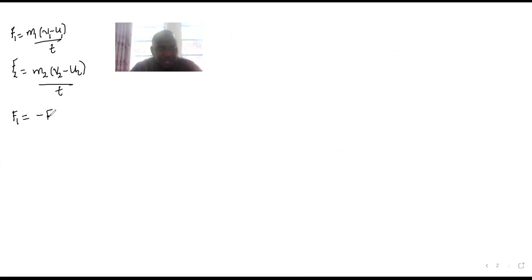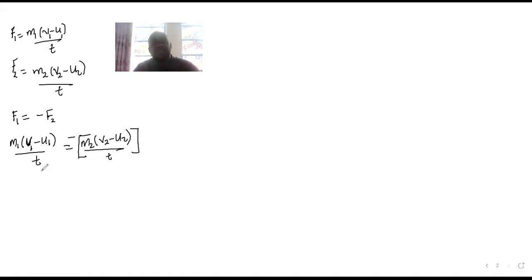Therefore, M1 into V1 minus U1 over time is going to be equal to M2 into V2 minus U2 over time. But this second one is acting in a different direction, so it's a negative. The time is the same because it's the time of collision, the time of impact.